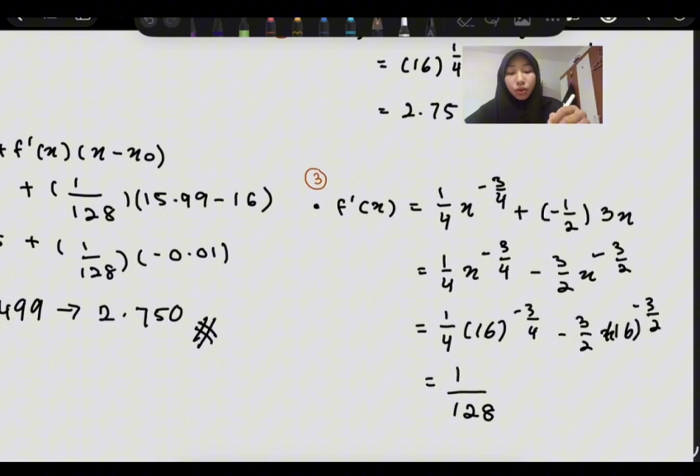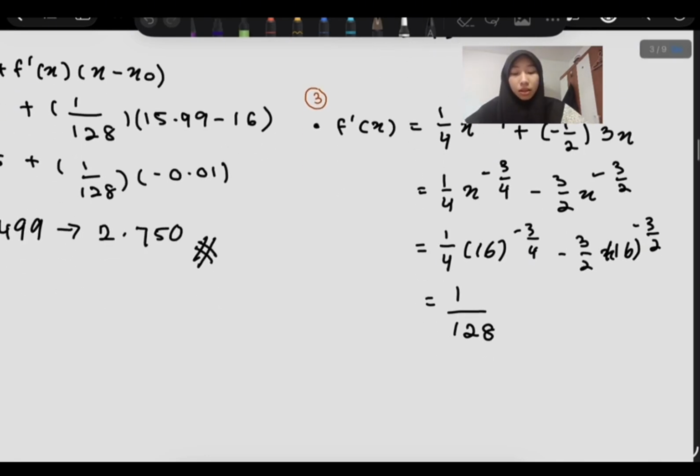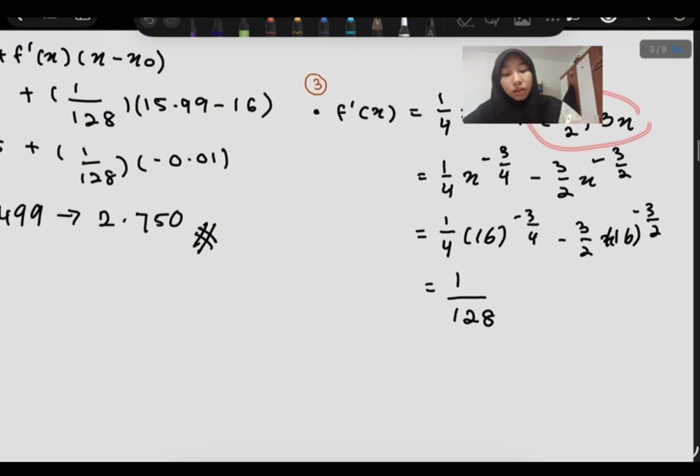We are going to find our f prime of x by bringing down the power of 1 over 4 in front. So we got 1 over 4 x to the power of negative 3 over 4 plus negative 1 over 2 times 3x, so we have to multiply this one with 3. So we got 1 over 4 x to the power of negative 3 over 4 minus 3 over 2 x to the power of negative 3 over 2.